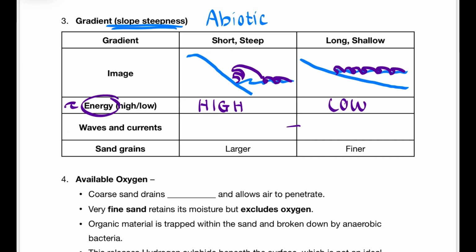And then you can just make yourself a note that your sand grains over here on your short steep slope will be larger, and on your long shallow gradient you'll have finer sediment.